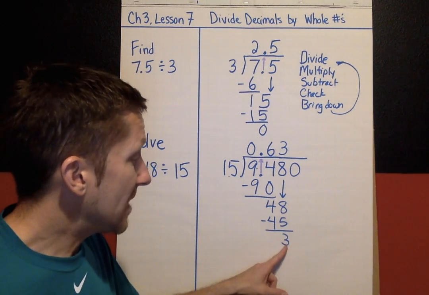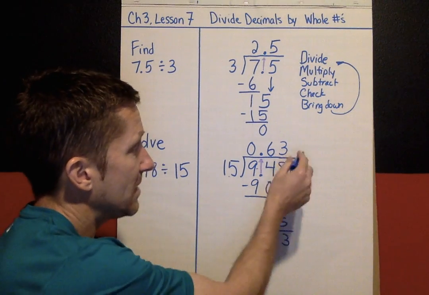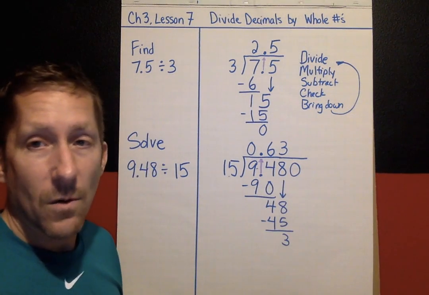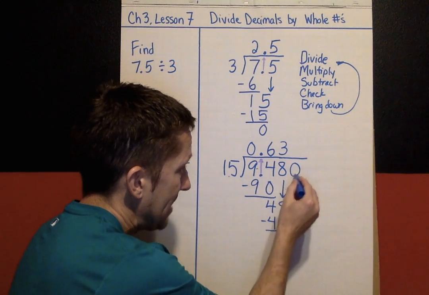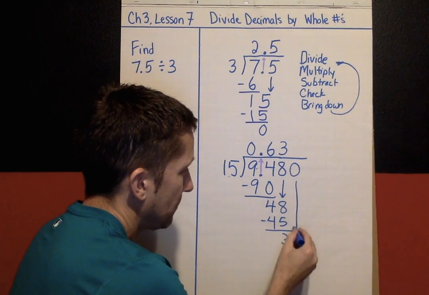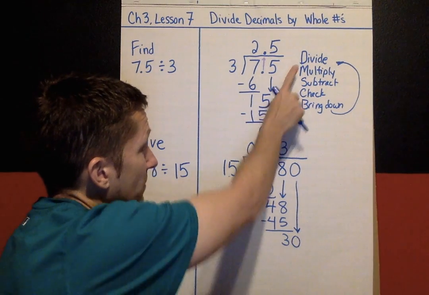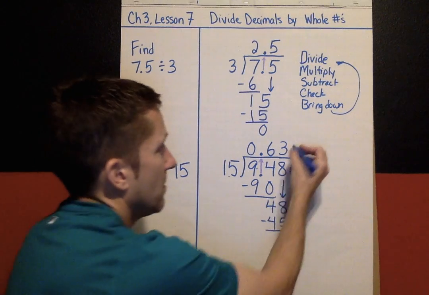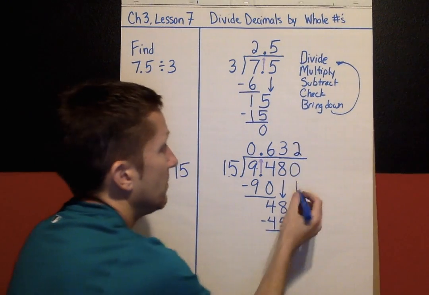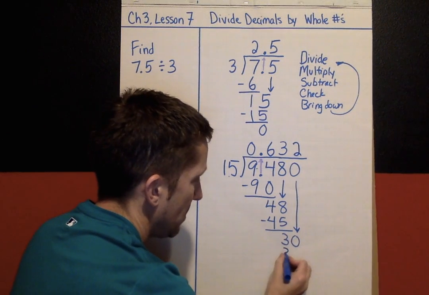So I'm going to do that because I do have a 3 left over, and what I'm looking for is the decimal to either end or repeat. And I'm adding that 0. I'm going to bring it down. Now I'm back to divide. How many times does 15 go into 30? 2 times. Multiply. 2 times 15 is 30.